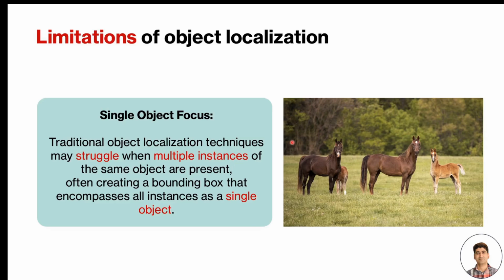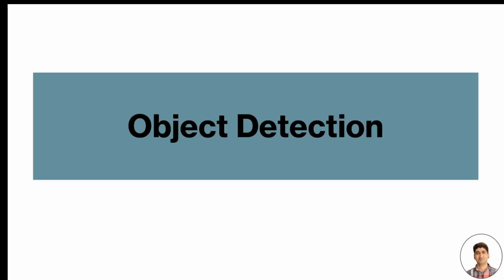A major limitation of object localization is that the traditional techniques were only designed for a single object, and when we are dealing with multiple instances of an object in the image, they may provide an overall bounding box that contains all the instances. So that brings us to object detection, which is able to detect multiple objects from the same or different categories.